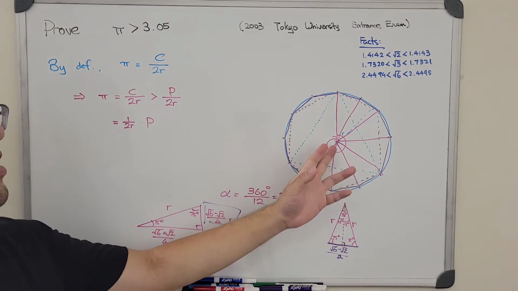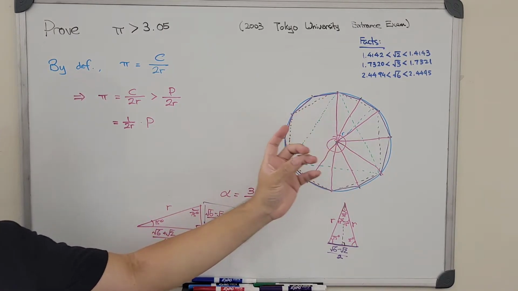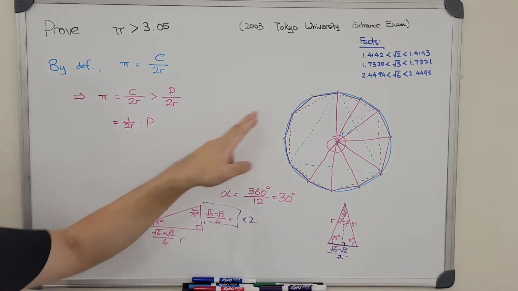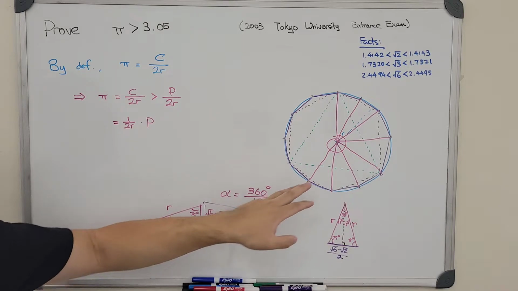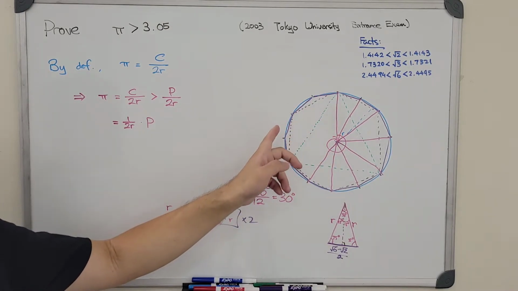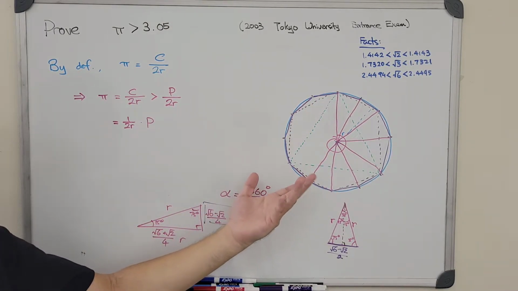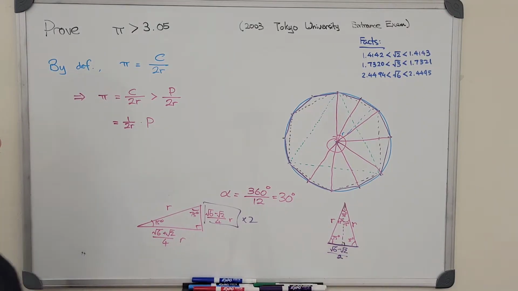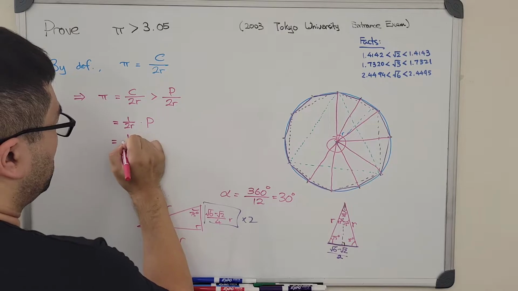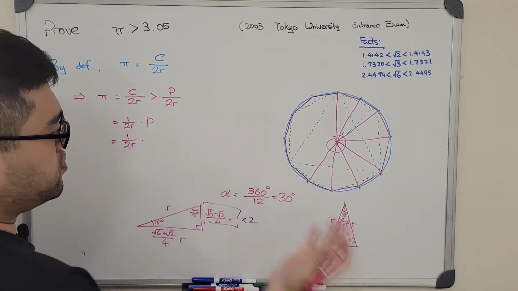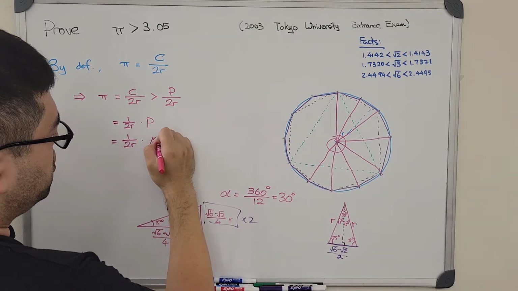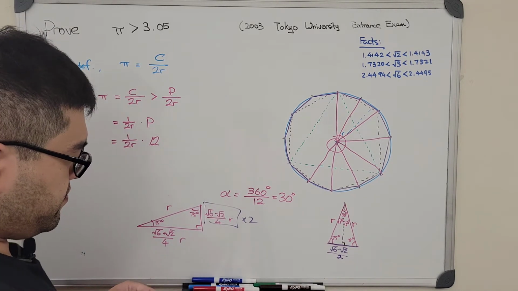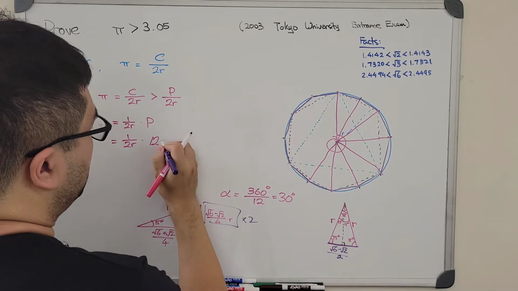Again, this is a dodecagon, meaning that it has 12 sides, and we say that it's a regular polygon, so that the perimeter is just the number of the edges, which is 12, times the length of each edge, which is the purple line down here. So we just need to do the substitution. It's 12 times the length of each edge.